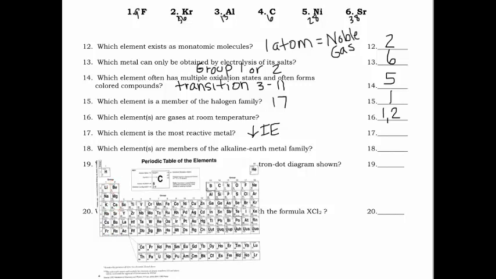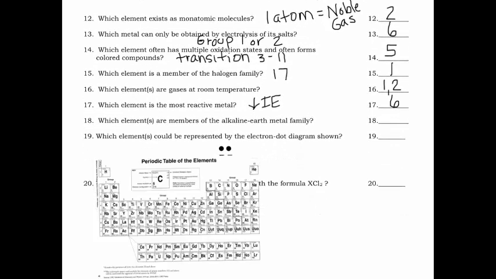So from our list, we only identified one in the alkaline earth and none in the alkali. So strontium is our most reactive metal. And then number 18 is also asking for the alkaline earth, which are group 2, which we just said strontium was a member of.